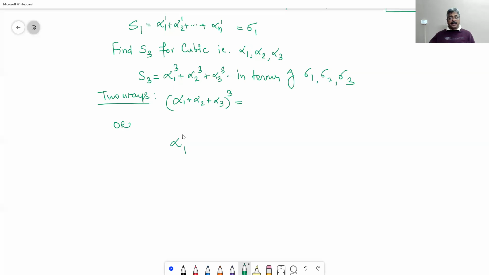If you know this identity, alpha 1 cube plus alpha 2 cube plus alpha 3 cube minus 3 alpha 1 alpha 2 alpha 3 is equal to alpha 1 plus alpha 2 plus alpha 3 into, what is this second term?